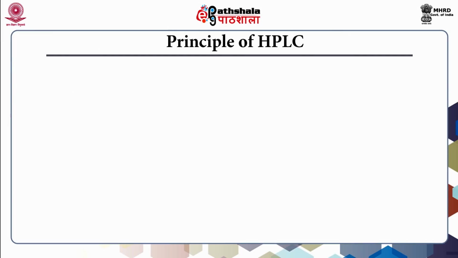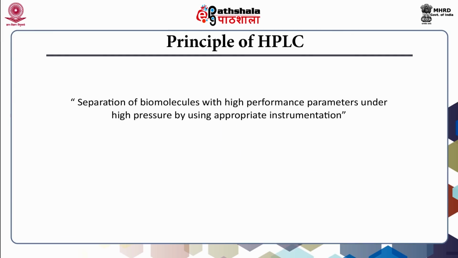So, the HPLC principle is separation of biomolecules with high performance parameters under high pressure by using appropriate instrumentation. We got this principle based upon the previous analogy we explained just now, that decreasing the particle size increases the performance, and to avoid any problems to the column we are increasing the pressure by using high pressure pumps.